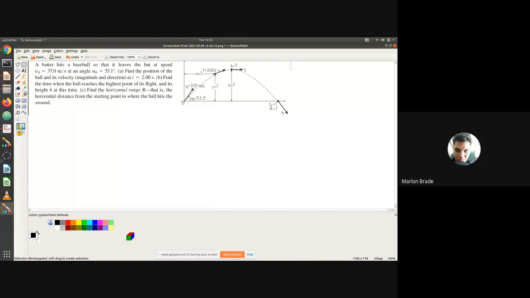So the given here is v naught equals 37.0 meters per second, and alpha naught is given to be 53.1 degrees.